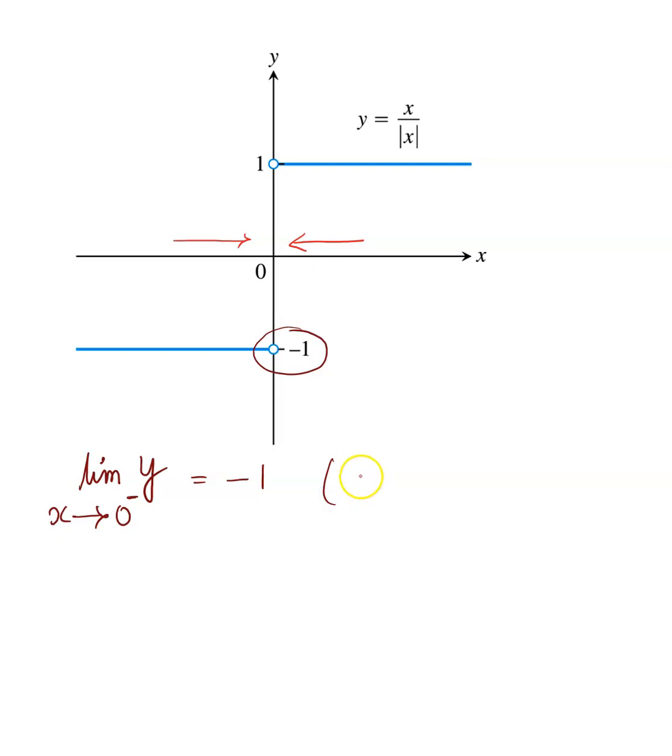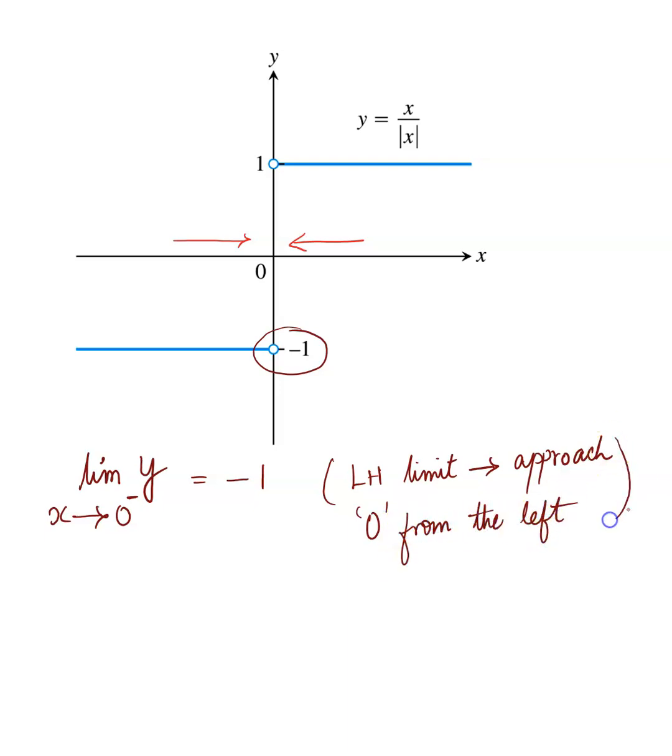That is the left-handed limit, which means we approach from the left. Again, notice the language. We say approaches from the left, not to the left, because then that will change things. They change the direction. So we approach 0 from the left. That's what we mean by that minus sign.